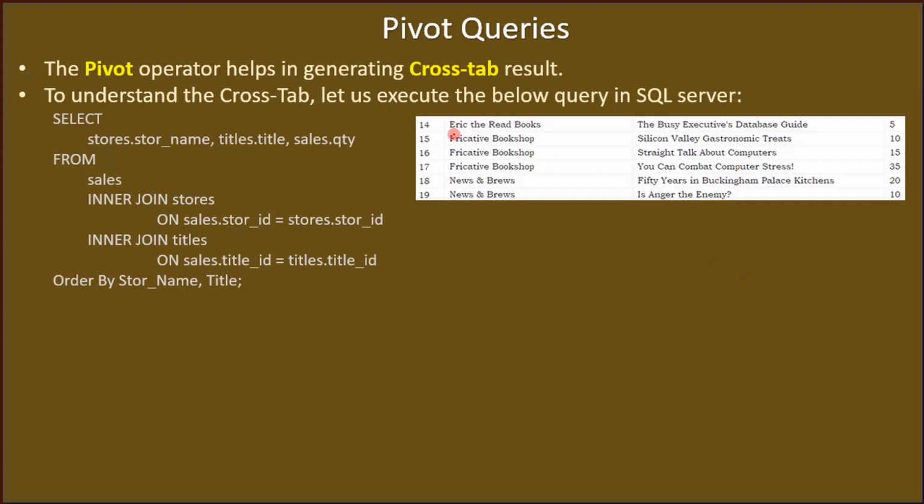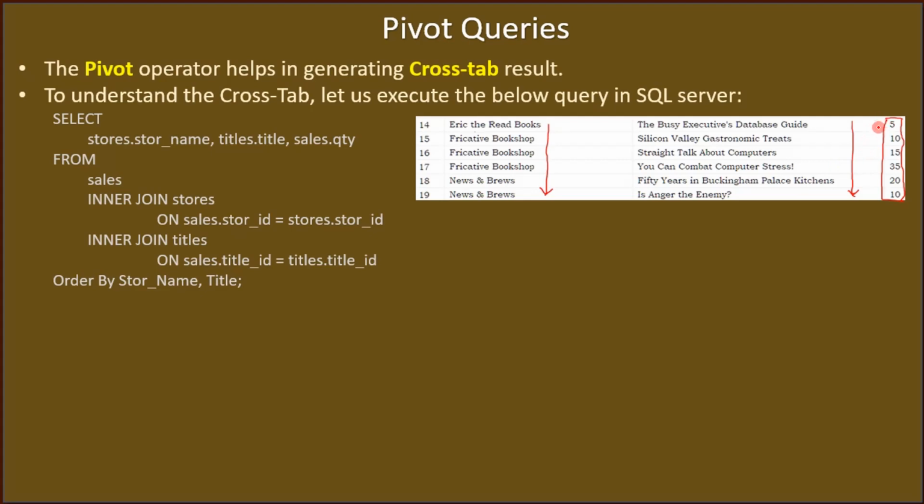So here you can see the book names, store name. Actually the first column is a store name. Then we are printing the book titles, and in the third column we are printing the quantity.